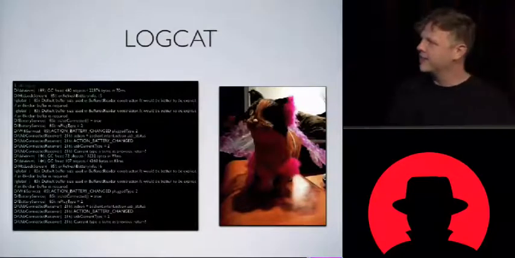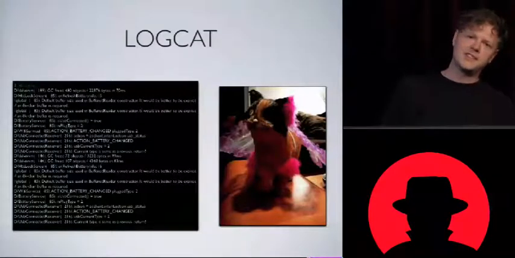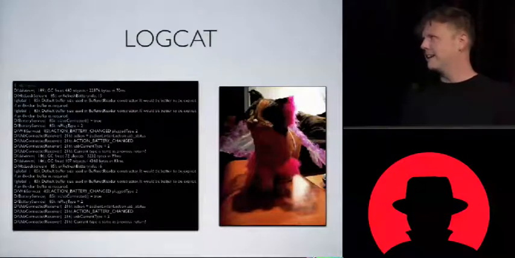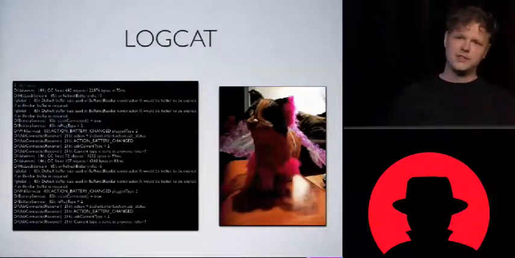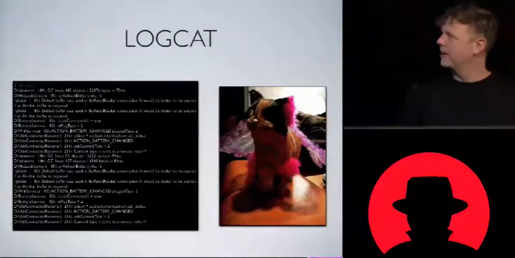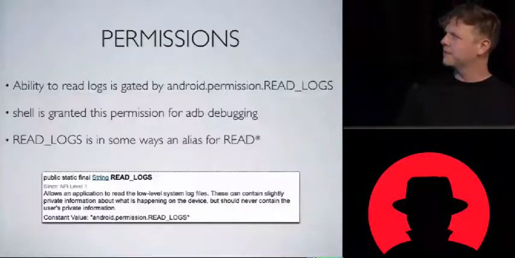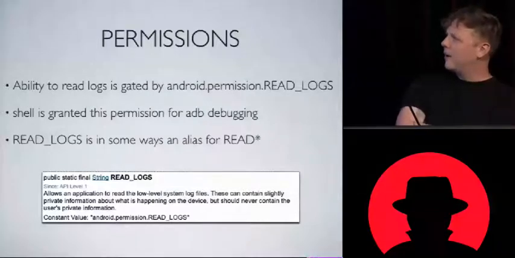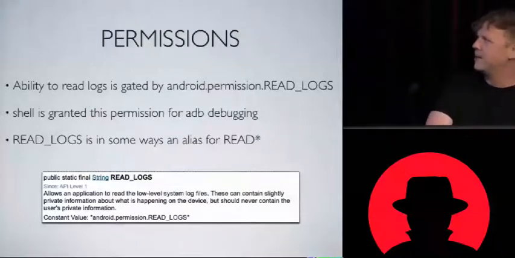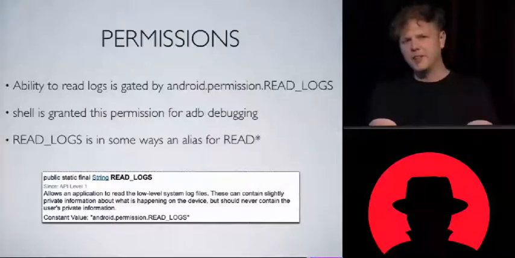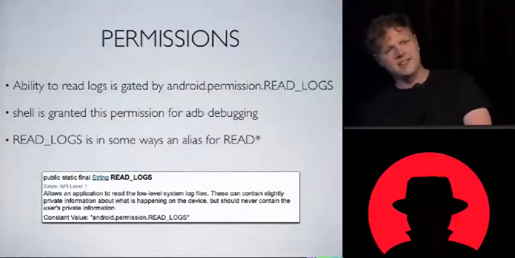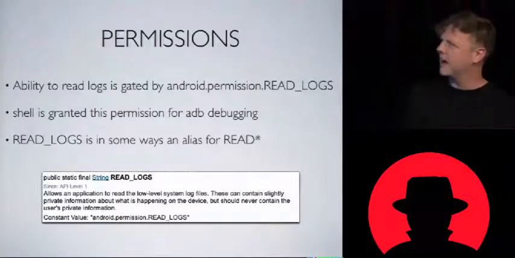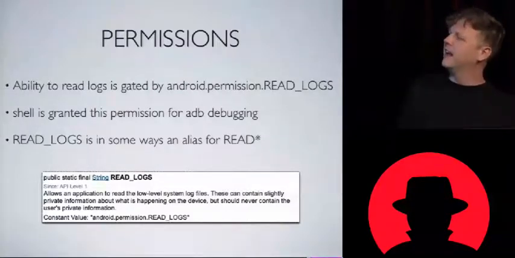So the Logcat utility can be used to look at these logs. Typically, on a phone that's got debugging enabled, you'll just use ADB to look at that when you're working on your app. Now, the ability to read logs is gated by the READ_LOGS permission. So this is not as fun as some of the zero permission stuff that David was talking about, but it's still kind of interesting.